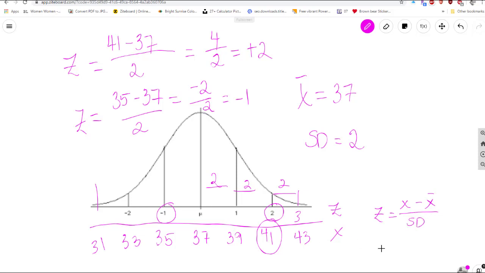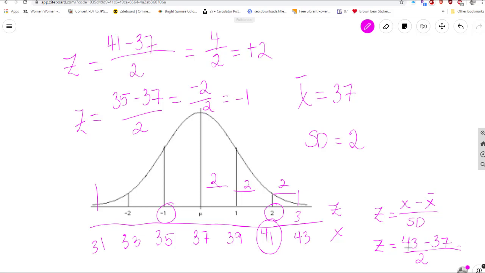Let's try one just so I can show you how it works. So let's try this one that we haven't tried yet, 43. Now 43 is going to be positive, right? Positive 3 is what we're looking for. So 43, we're going to put here, that's x, minus the mean, which is 37, divided by the standard deviation, which is 2.